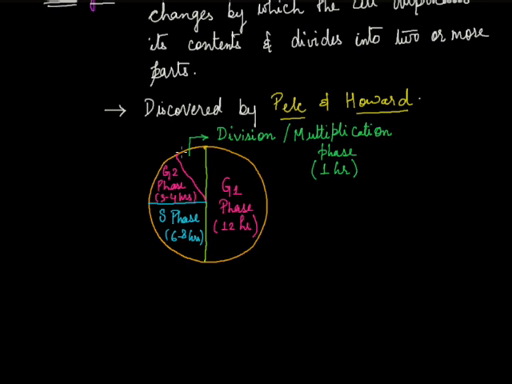Now, as you can see in this diagram of the cell cycle, we should write here that it is the representation of a cell cycle. Now, as I have drawn here, there are four phases: G1, S, G2 and the division phase.